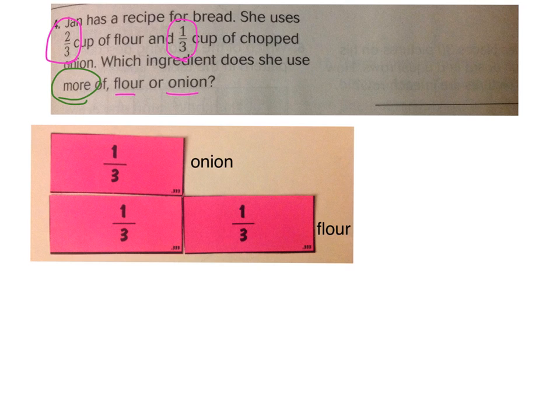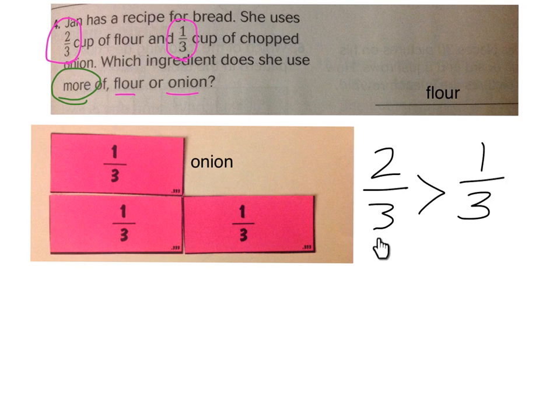Looking at the strips, I can tell that the strip for flour is longer than the strip for onion, which means 2/3 is greater than 1/3. So Jan uses more flour.